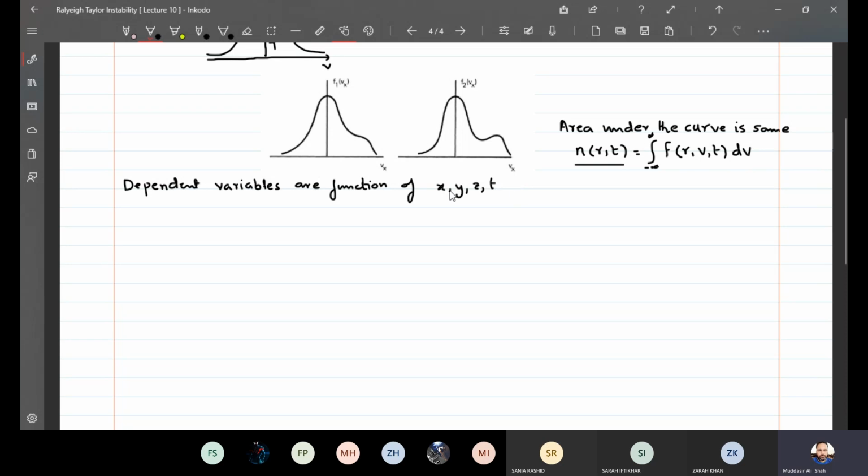But now in kinetic theory, the velocity distribution f is a function of r, v, and t. So 3 space variables, 3 velocity components, and 1 t, means 7 independent variables.